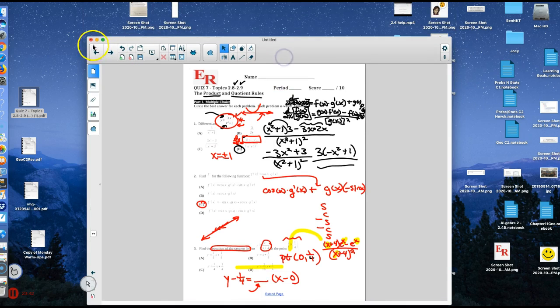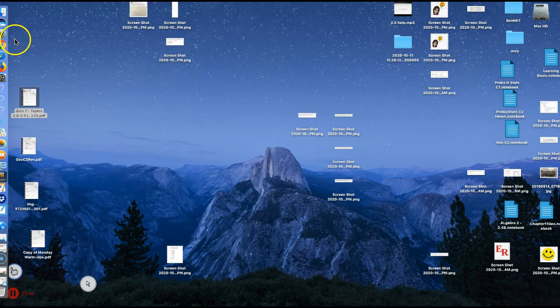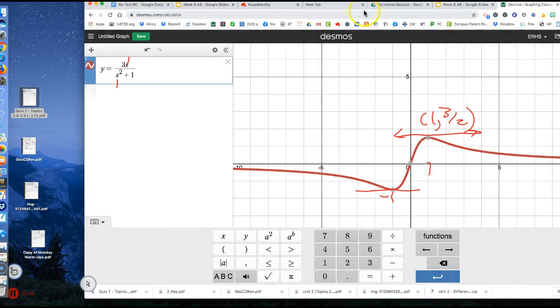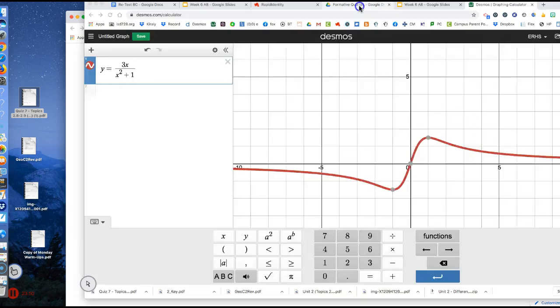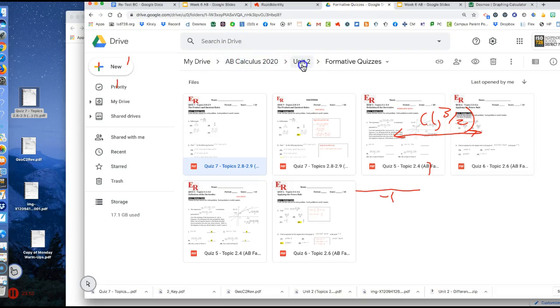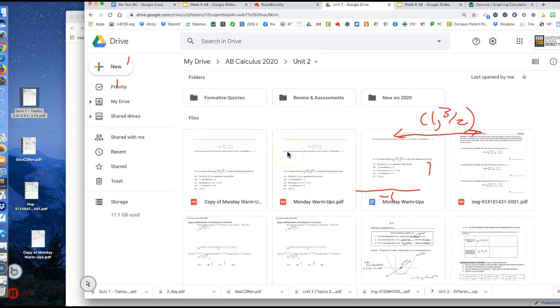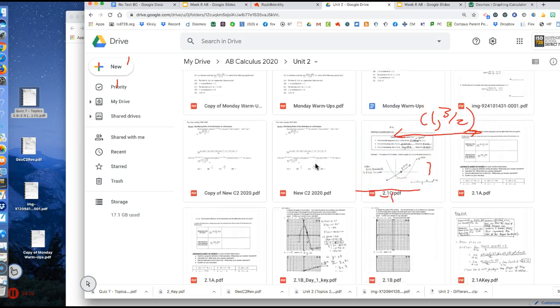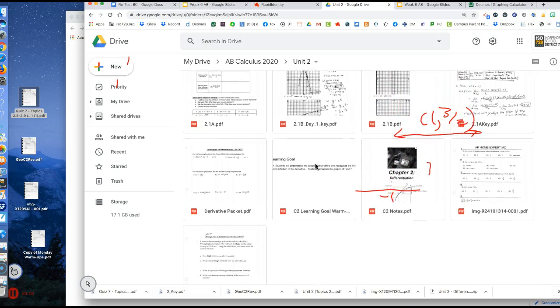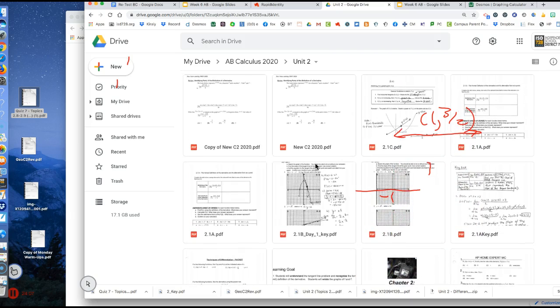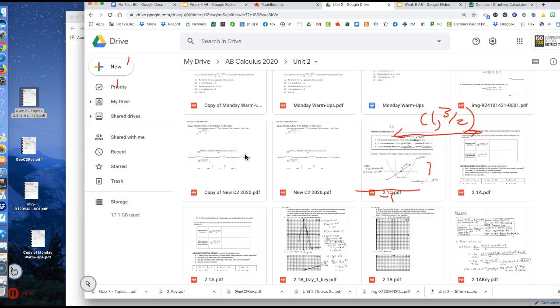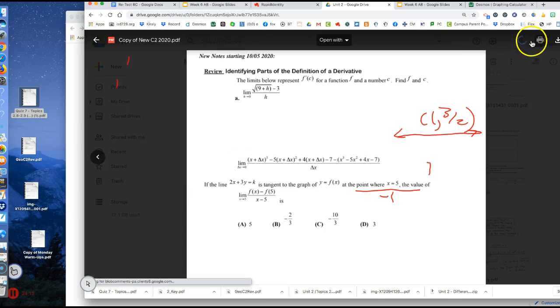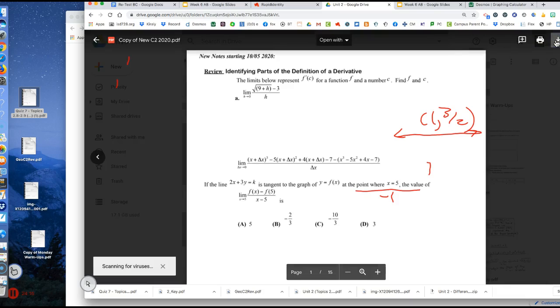Poor planning on my part. All right, I have to go grab my notes. Give me a minute. Sorry, Quinn. Do you forgive me? Thank you. All right, so I have to go back to unit 2. And it looks like I didn't save the notes on my notebook file. Here it is. New 2022. I apologize. I made new notes partway through, and it looks like I never saved them on a notebook, so we'll go take a look.